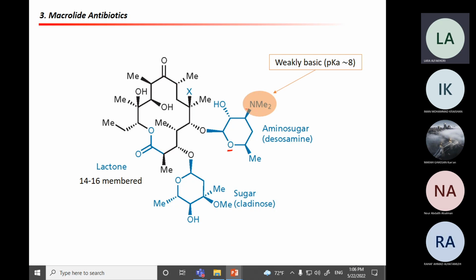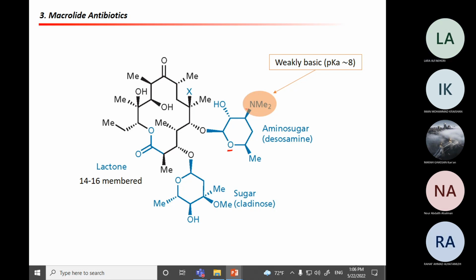This also allows us to formulate salts out of it, either to increase or decrease water solubility depending. Okay, but overall, do you think this compound has high water solubility?